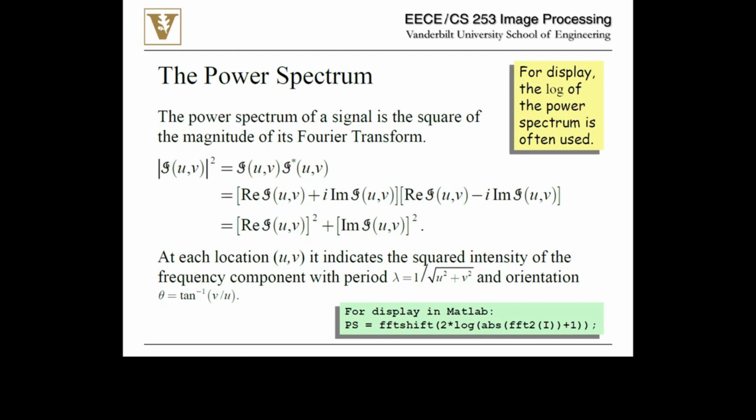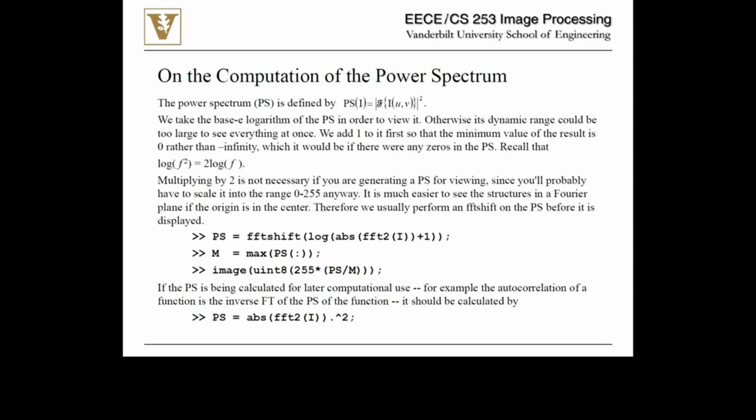So the lambda is 1 over this square root. This is the length of the frequency vector, and this is the same arc tangent, but now in the frequency space. Okay, and this is MATLAB. Power spectrum.